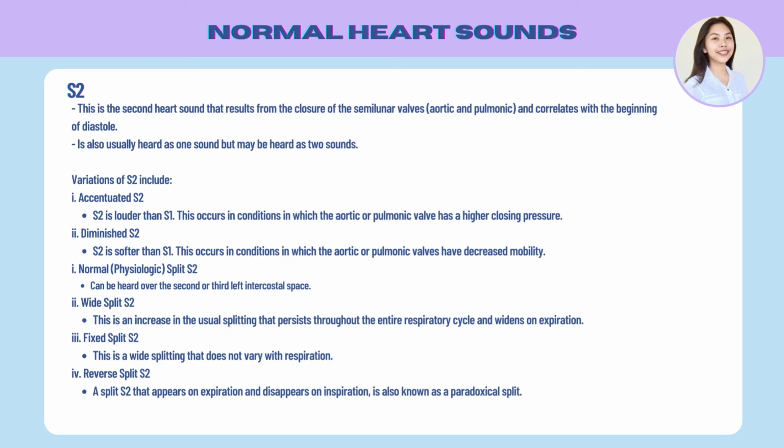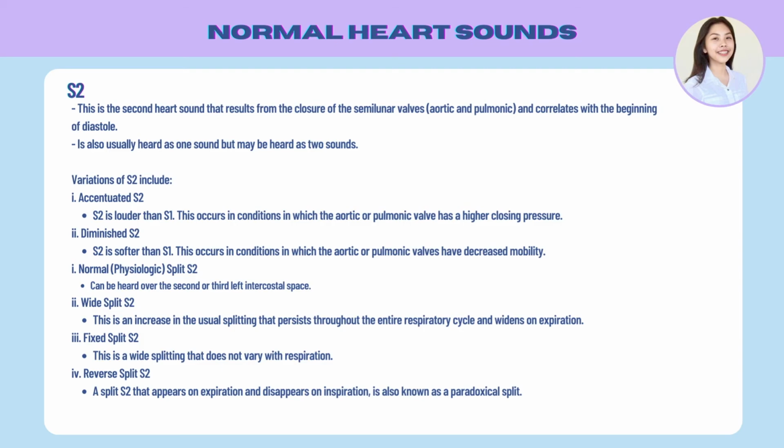For S2 of the normal heart sounds, this is the second heart sound, which results from closure of the semilunar valves, the aortic and pulmonic valves, and correlates with the beginning of diastole. S2, also known as the dub in lub-dub, is usually heard as one sound, but may be heard as two sounds.